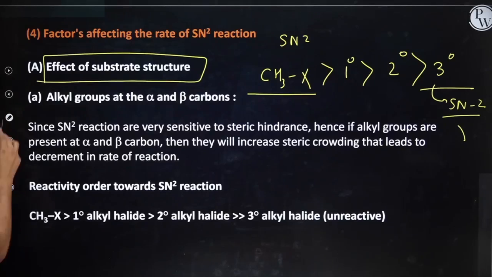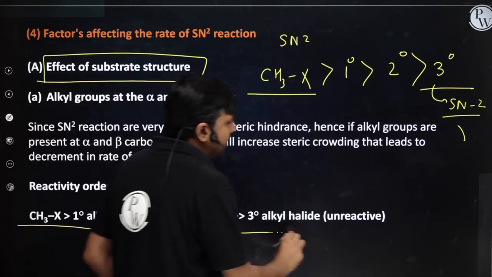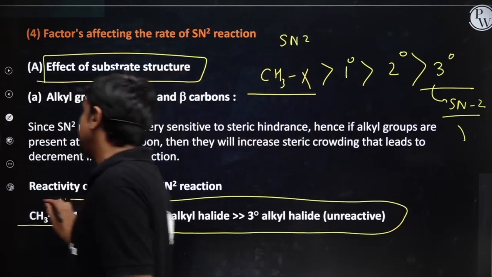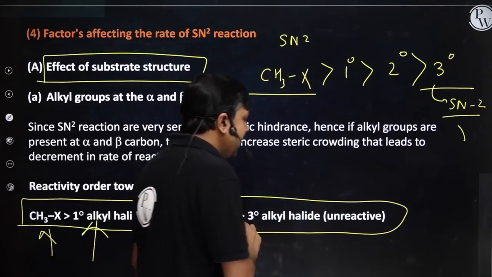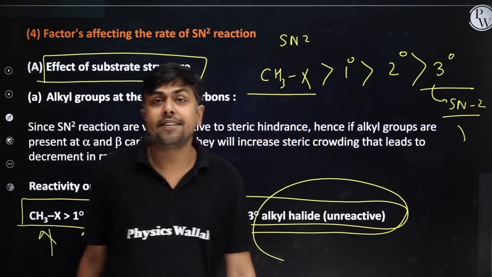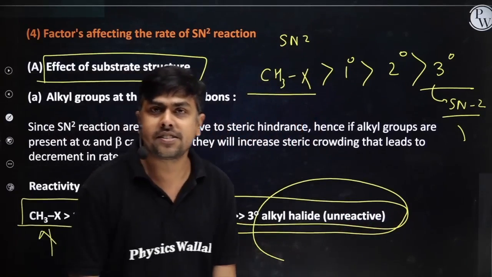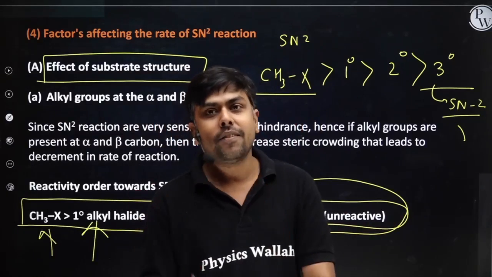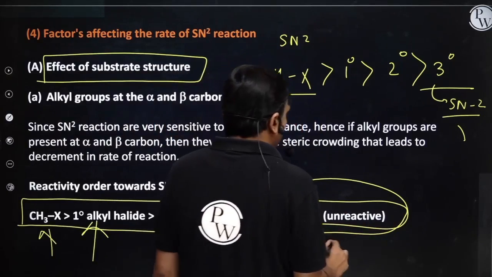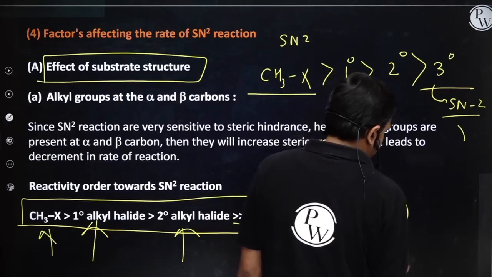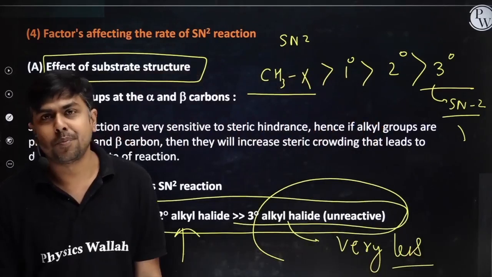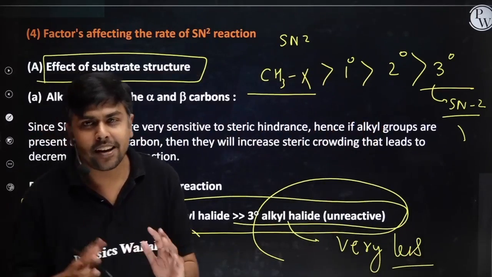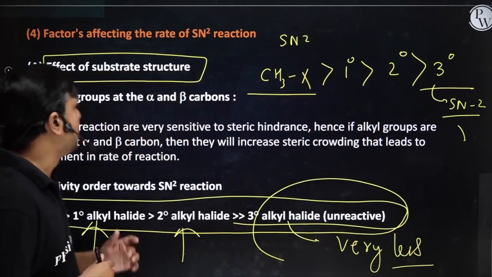Therefore, the rate of SN2 reaction in alkyl halides follows this order: methyl halide, then 1 degree, then 2 degree. In 3 degree alkyl halide, since it's sterically crowded, sterically hindered, the rate of SN2 reaction will be very less. I hope this concept is crystal clear to you all. Let's move ahead.